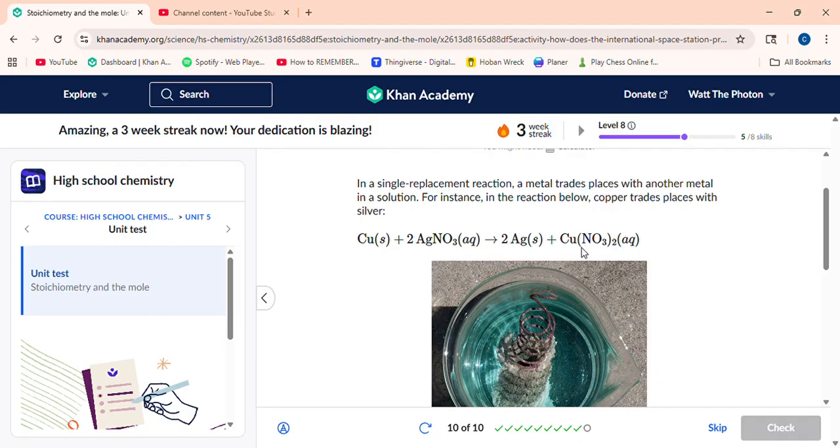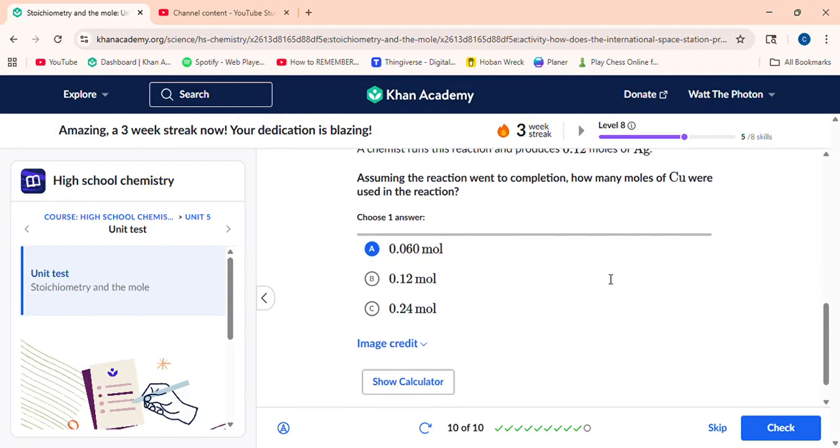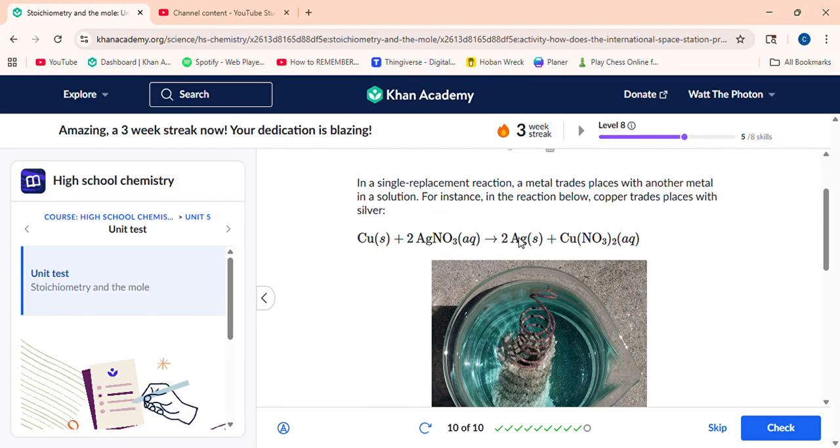Which means, first we have to balance the equation, I guess. So 1 of silver nitrate gets us 2 silver atoms, 2 nitrate atoms. So it should just be 0.06 moles. Divide by 2, so we get the standard moles, and that's how many moles of copper.